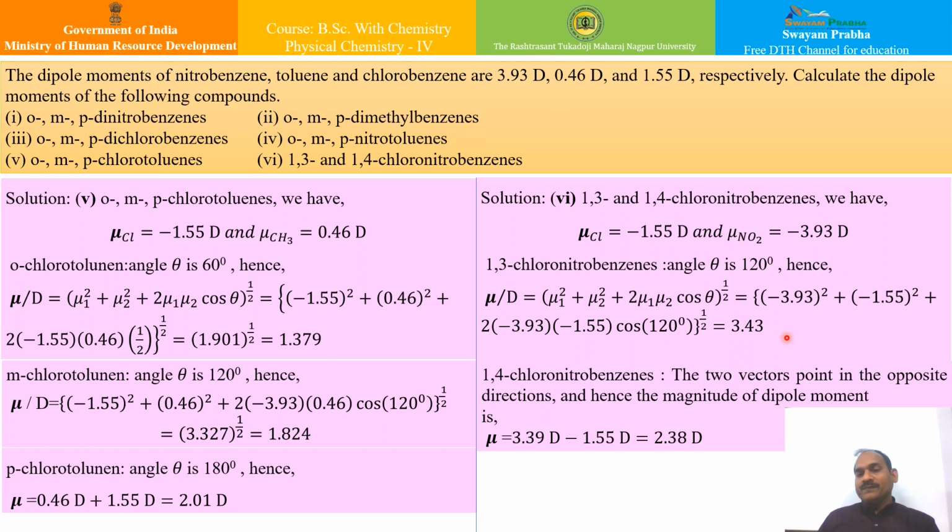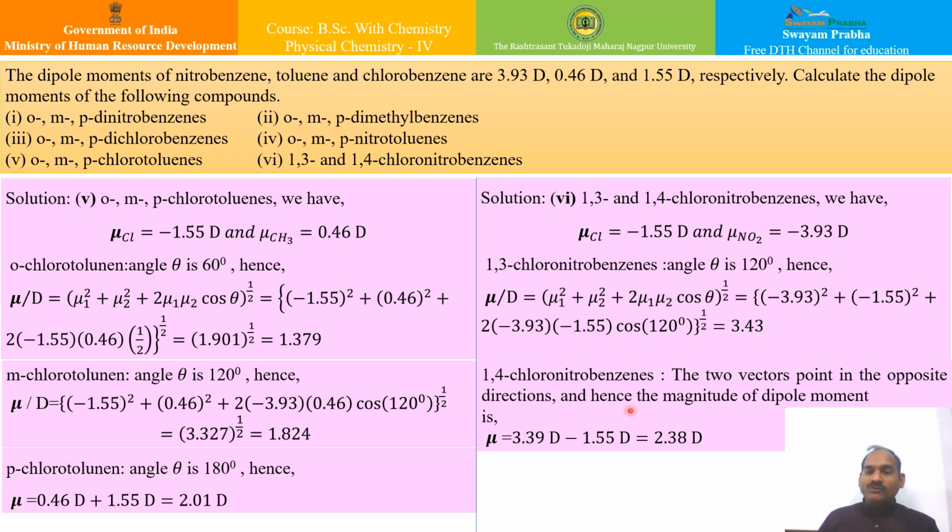And similarly for 1,4 chloronitrobenzene, the two vectors point in the opposite direction, and therefore the magnitude of the dipole moment will be 3.93 D minus 1.55 D, which is equal to 2.38 D. So this is how I can utilize this bond or group moment calculation, particularly in the cases of substituted benzene kind of structures.